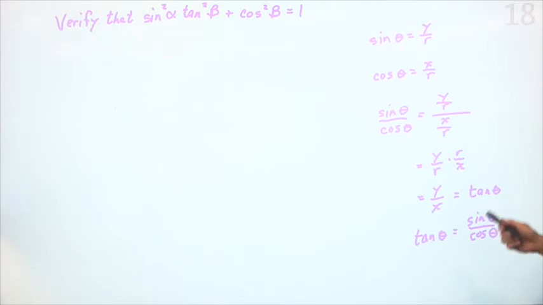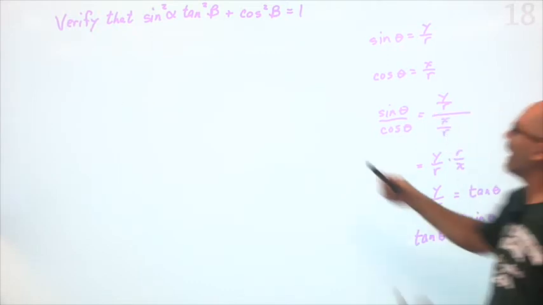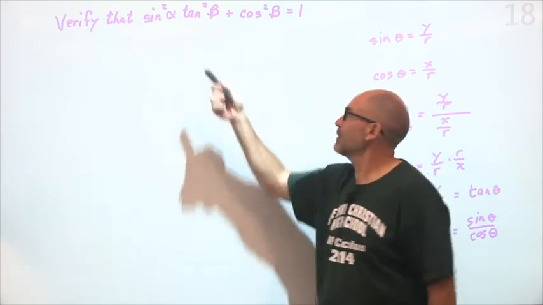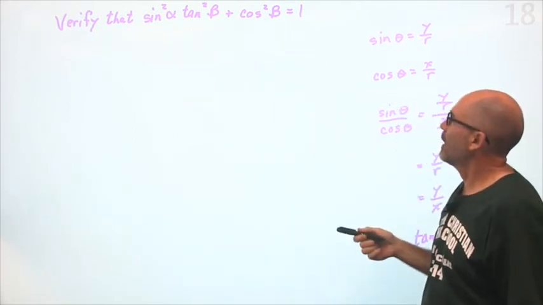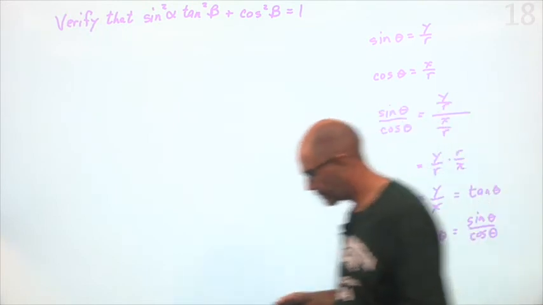All right, so first thing, I'm going to change the alpha into a beta, because we have all betas, so it's easier to change sine squared alpha into cosine squared beta.